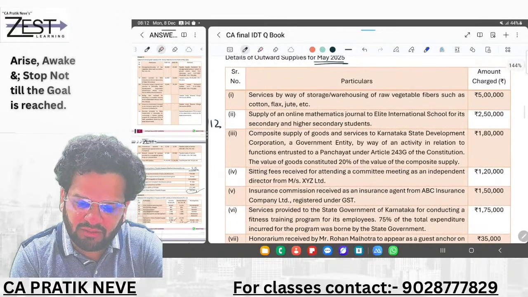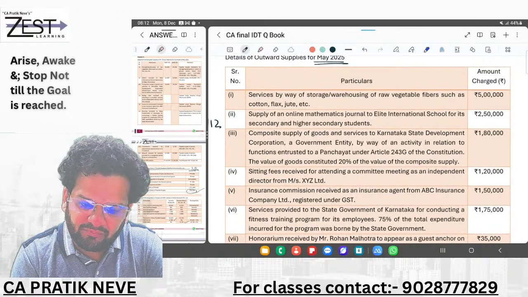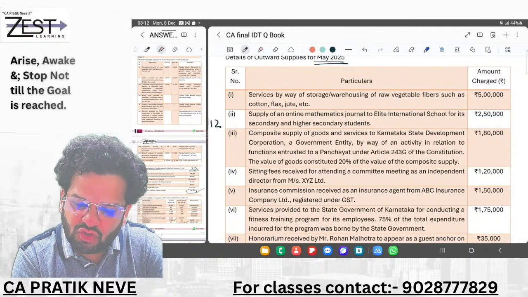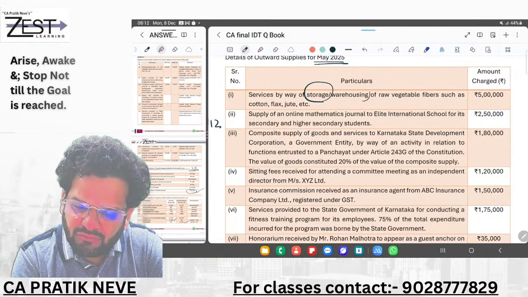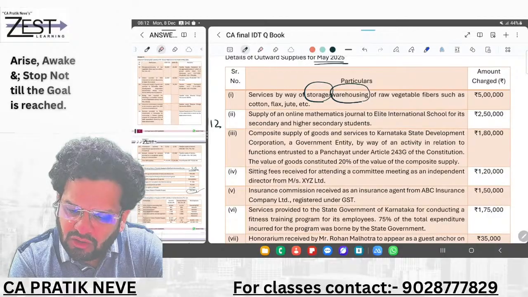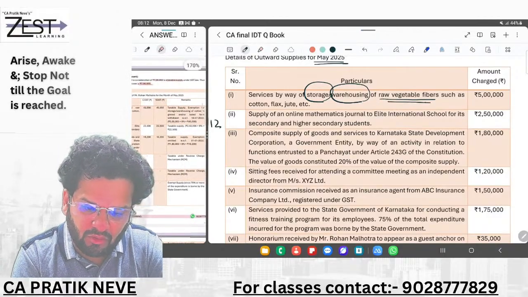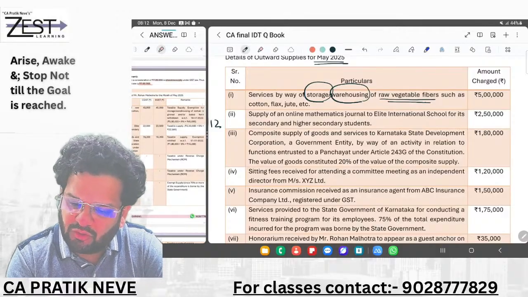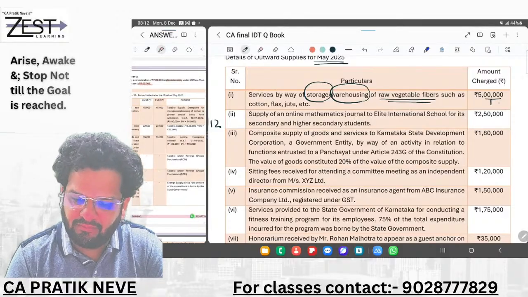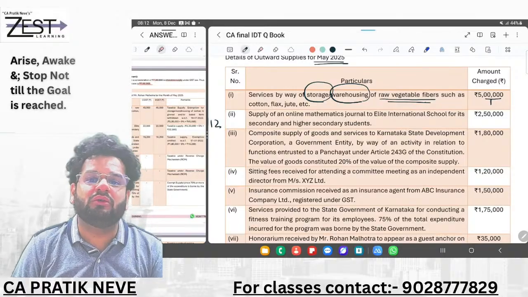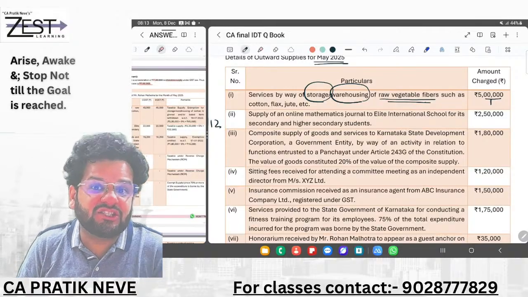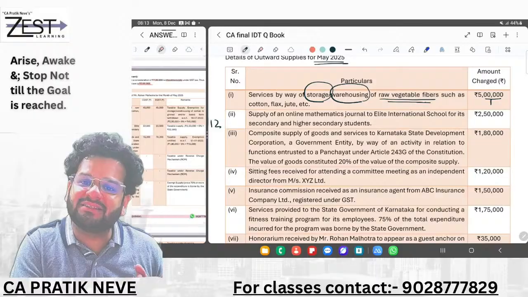Now we start with service by way of storage or warehousing of raw vegetable fibers. So it will become taxable. If we talk about storage of agricultural produce, only that is exempt.